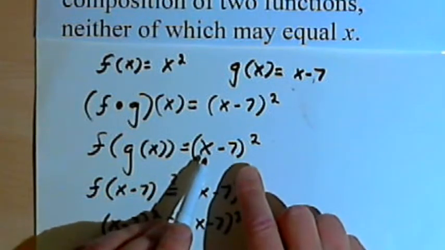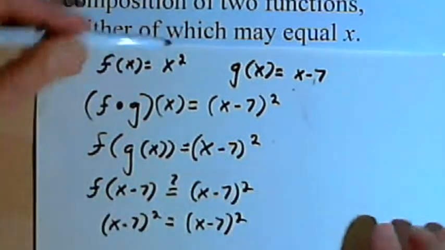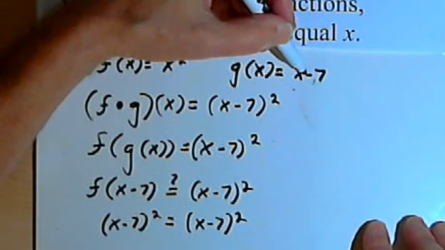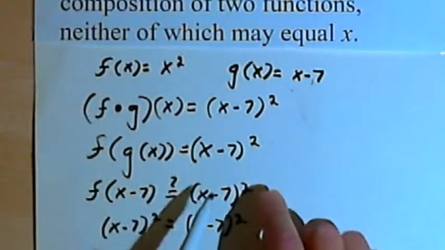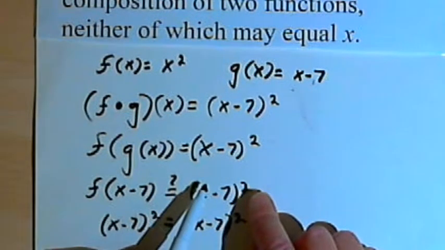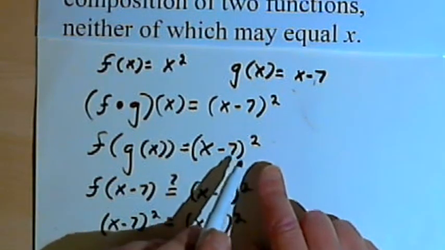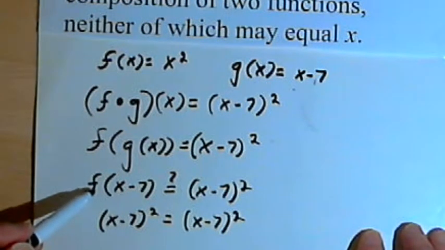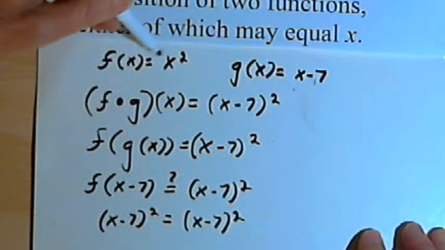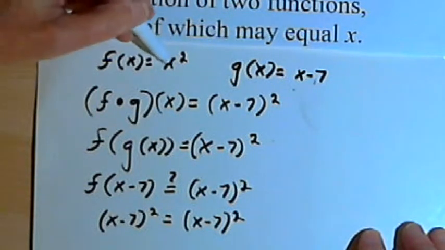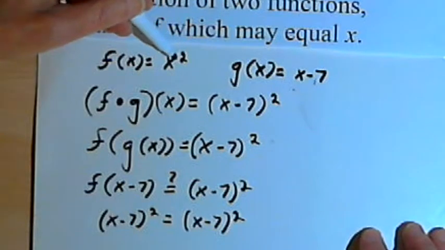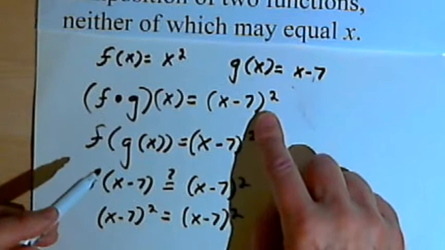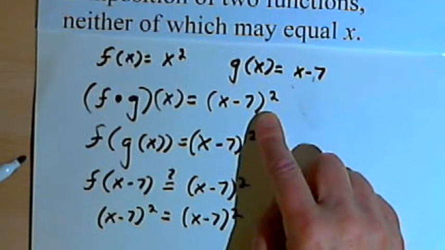So if the first thing that happens is 7 is subtracted from the x, that tells me what my inside function, in this case the g function, is. That was x − 7. Then I ask myself, what happened next? Well, the thing that happened next was that x − 7 got squared, so that must be the result of applying the outside function, the f function. So the f function must be the squaring function, f of x equals x². Those two functions together, when we compose them, are going to give me the result (x − 7)².